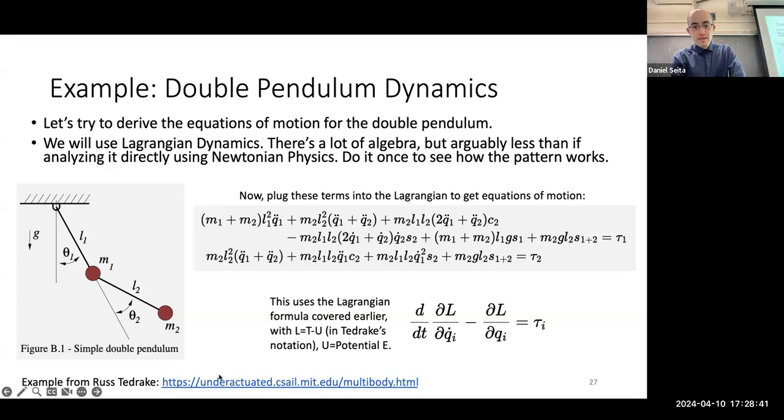If you look at the textbook, it'll literally just write out d over dt of this thing, and then it uses the prior stuff, plug them in, and then with some algebra simplification, you get this thing equal T1, this thing equal T2. So those are the generalized forces, the ones that we talked about earlier, applied on the first joint and the second joint to determine what theta 1 and theta 2 are.